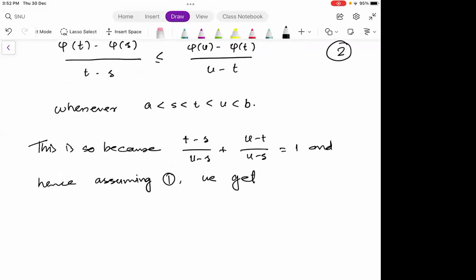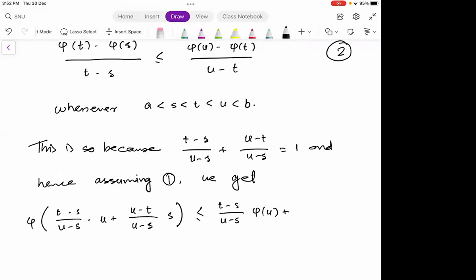Okay, so we get phi of t minus s by u minus s times u... That's just from the definition of a convex function. If phi is convex, then this holds.